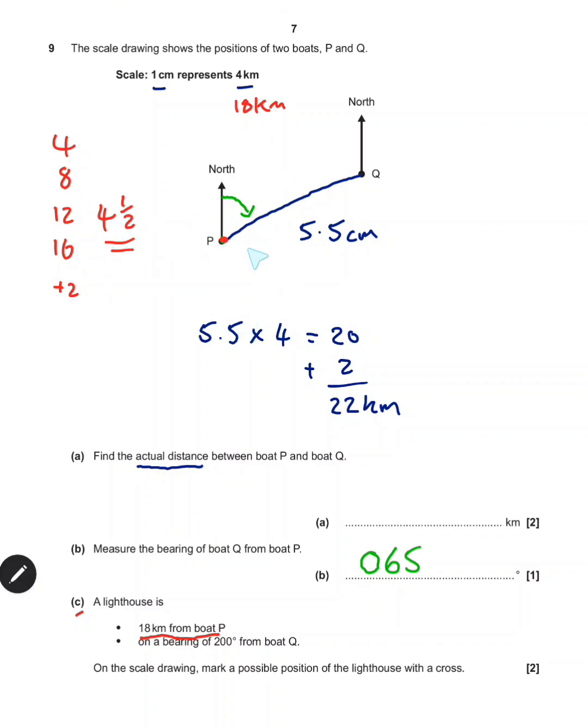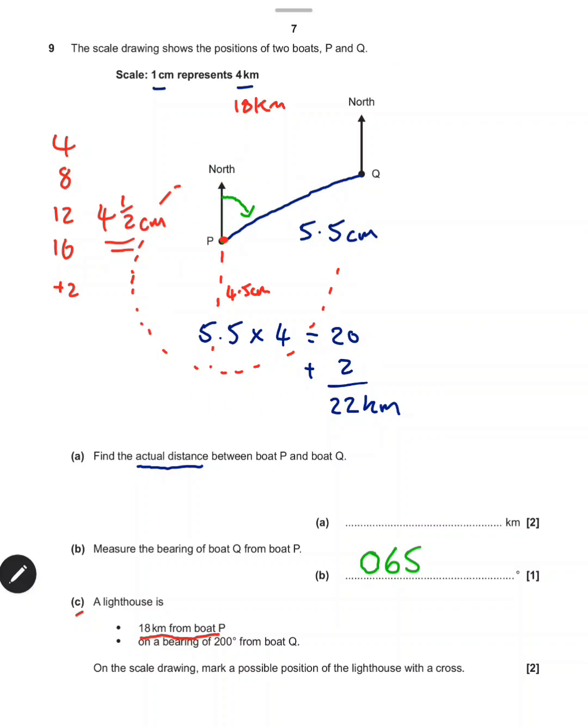So I need to figure out a point 4.5 centimetres from P. How would you do that? Well, if you've got a compass or a ruler, or both preferably, you'd measure 4.5 centimetres. And if you draw a circle with a radius of 4.5 centimetres, these are all the possible places where the boat could be.